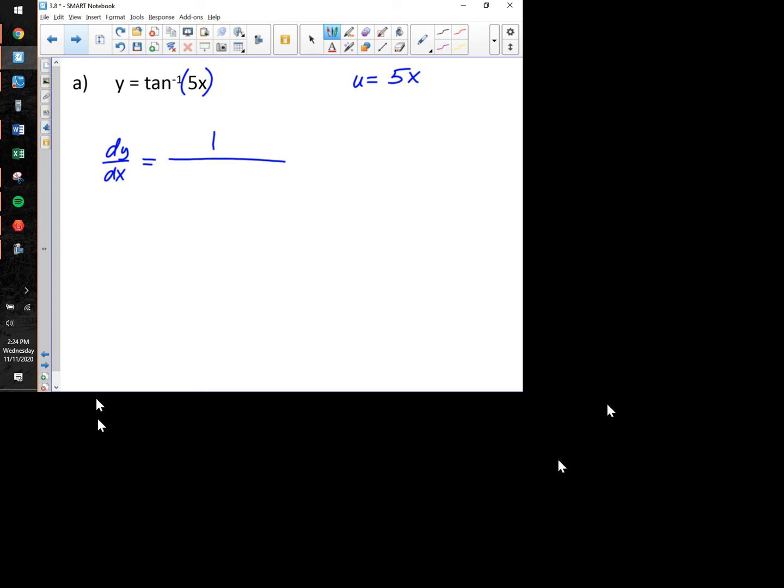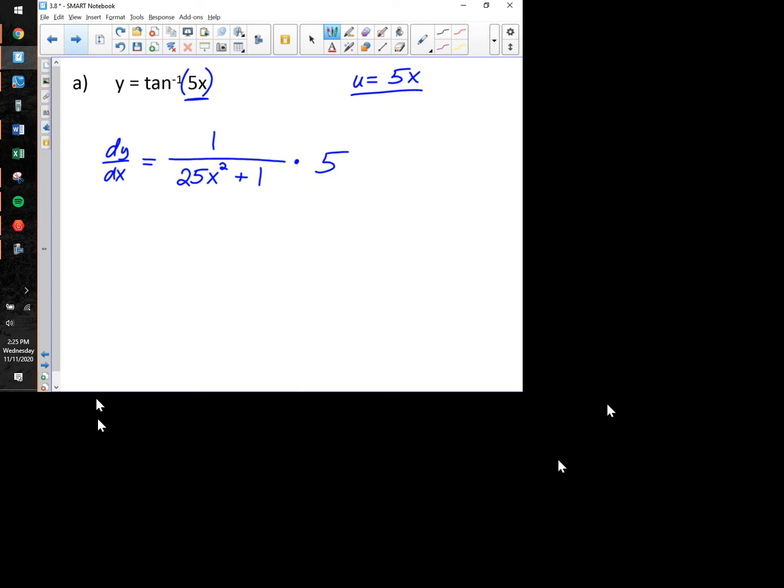It's 1 over u squared plus 1. Well, u, our angle, is 5x. Squaring that is going to get us 25x squared and a plus 1 there. But wait, there's more, times the derivative of the ratio. And the derivative of 5x is just 5.